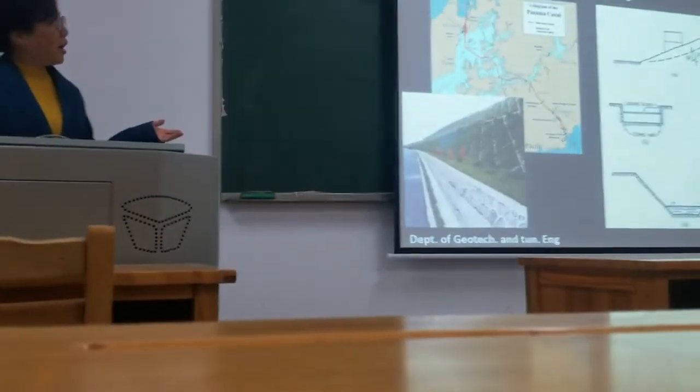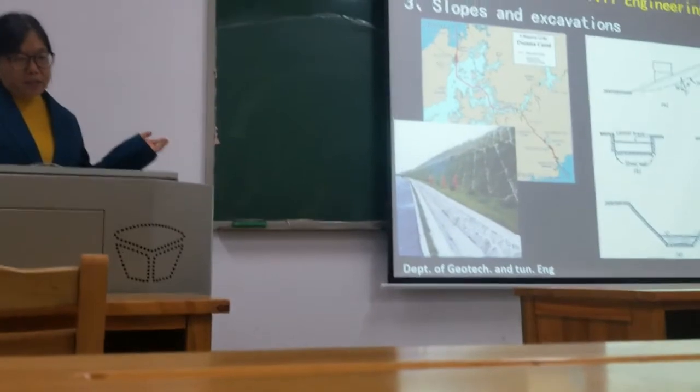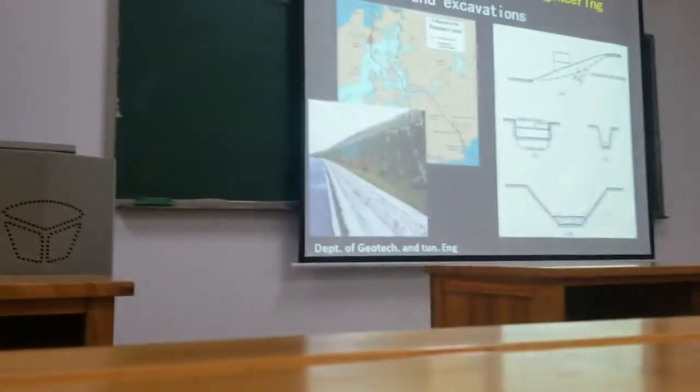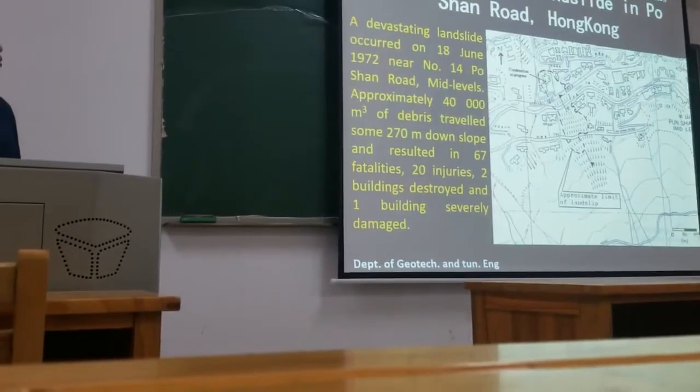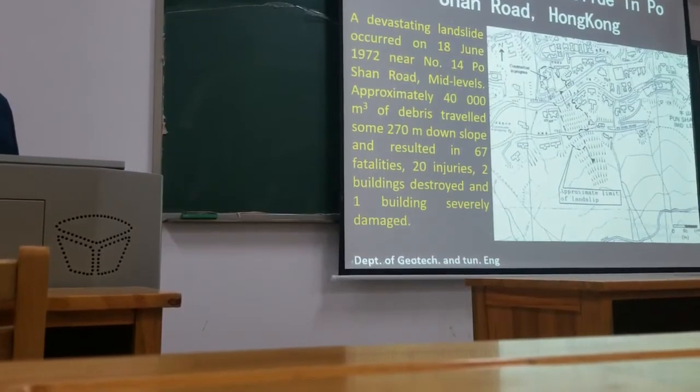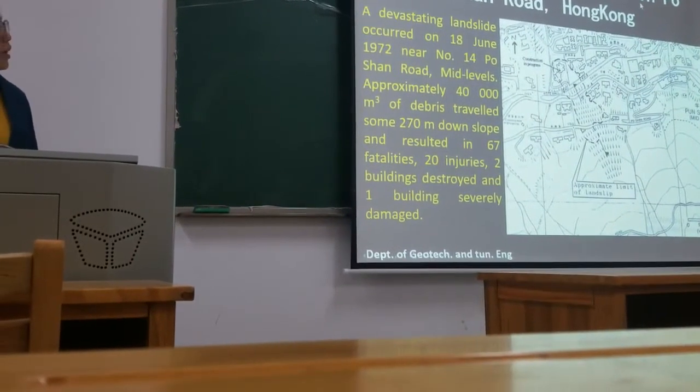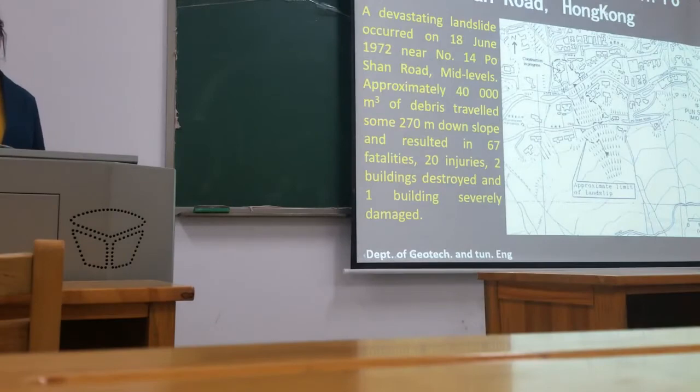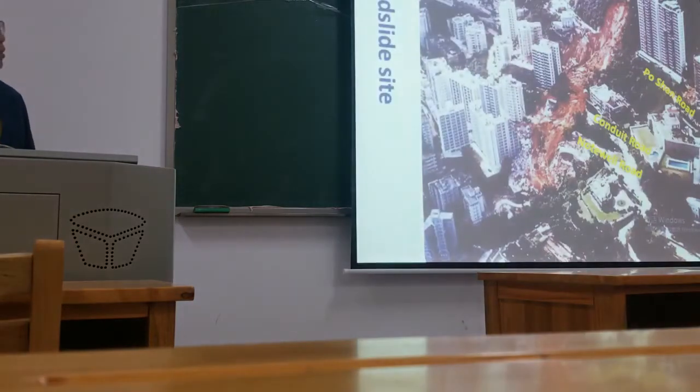And we discussed some cases about slopes and their complications. For example, the large landslides in Po Shan Road, Hong Kong, where some high buildings were destroyed in the landslide.